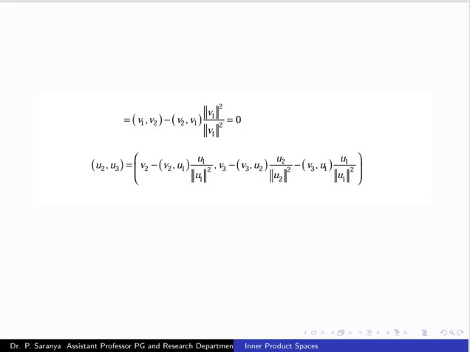Inner product of U2 comma U3 equal to inner product of V2 minus inner product of V2 comma U1 U1 by norm U1 square, comma V3 minus inner product of V3 comma U2 U2 by norm U2 square minus inner product of V3 comma U1 U1 by norm U1 square.